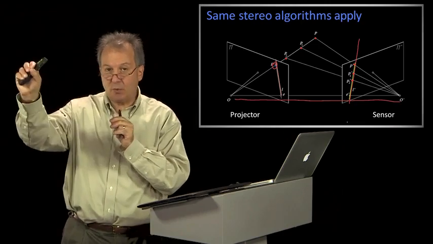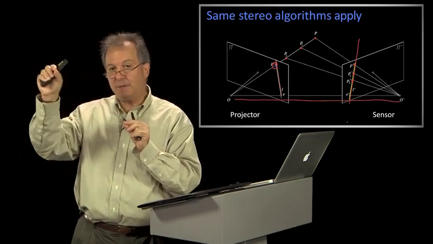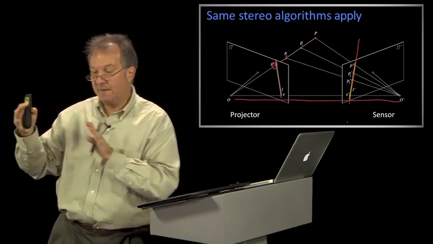So if I project a point out at some location in one image, then depending upon the depth of the scene in my other image, where that point will be is along an epipolar line. And how far along the line it is a function of the depth. So I only have to search along a line if I know the calibration.